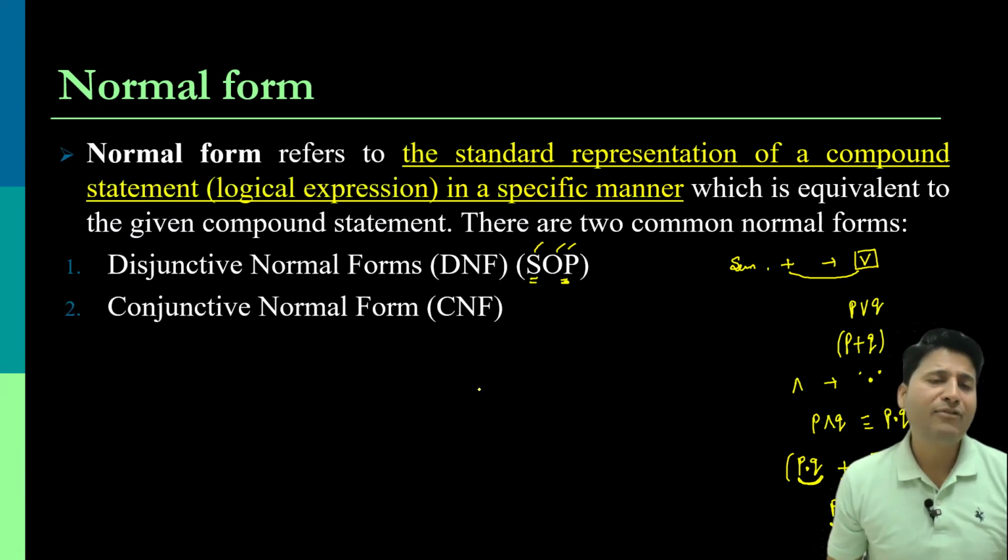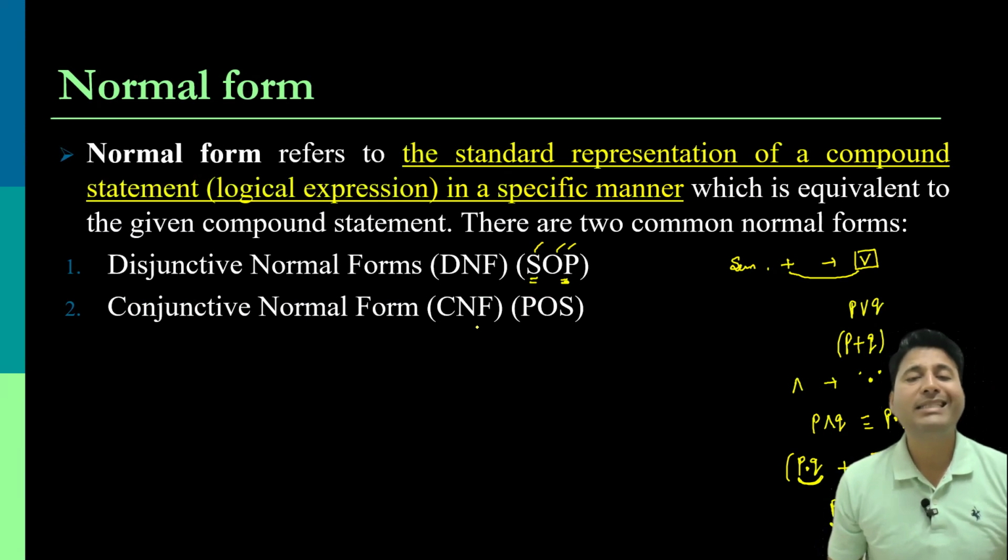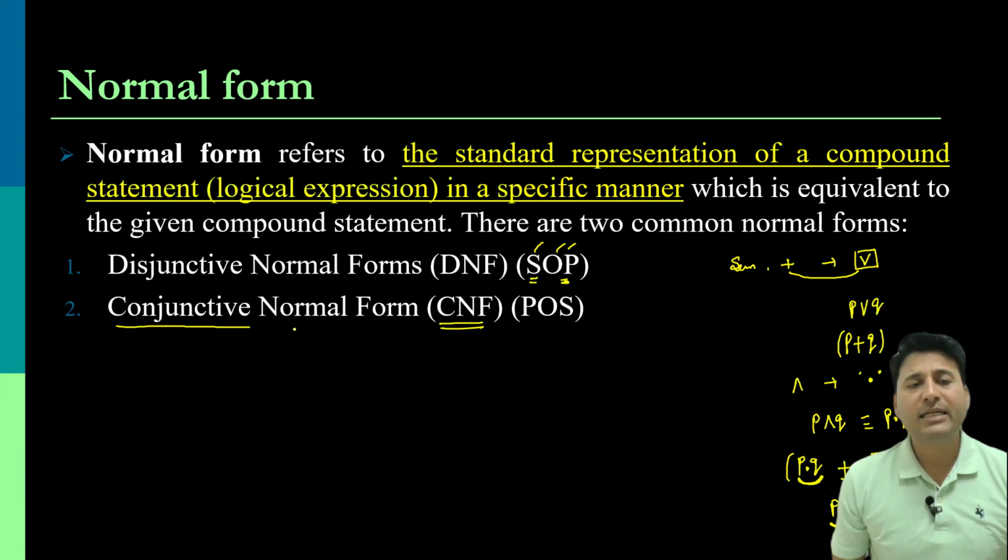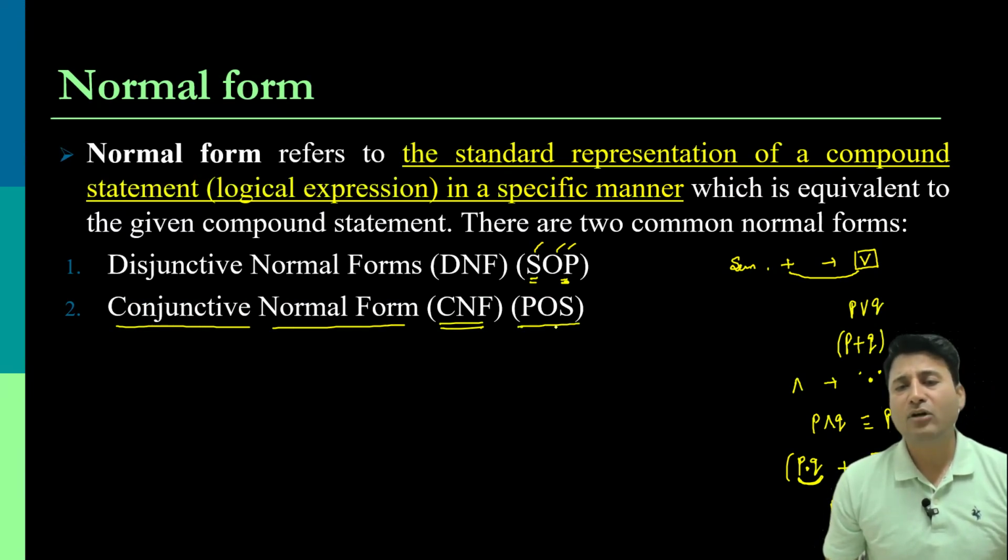Before that, the second form that we have is known as CNF, or conjunctive normal form, also called the product of sums. In DNF, we are writing sum of products. In CNF, we are writing product of sums.